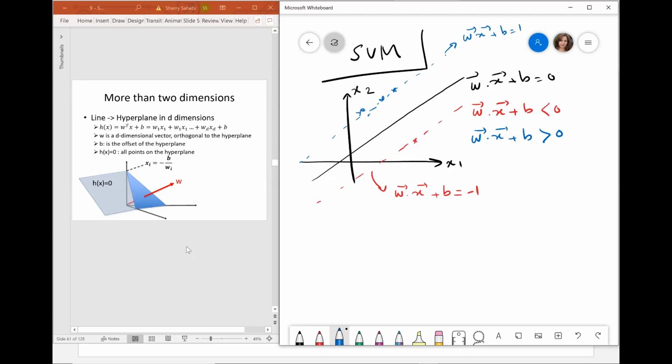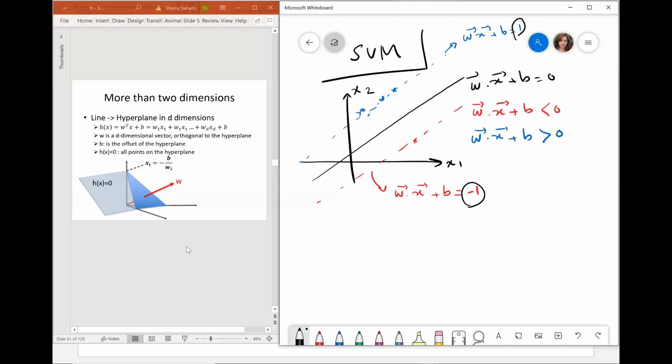Okay, it can be -2 and 2, -3 and 3, etc. So the point is that the parallel lines to our black line have an equation that differs from the original black line in this constant that we see here.